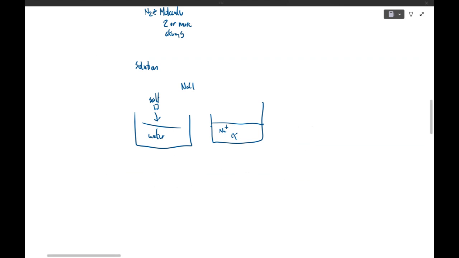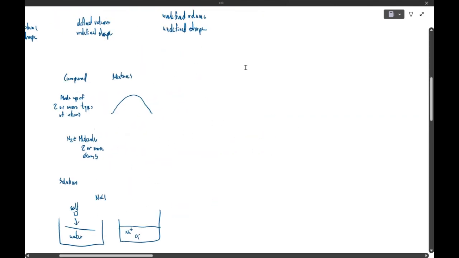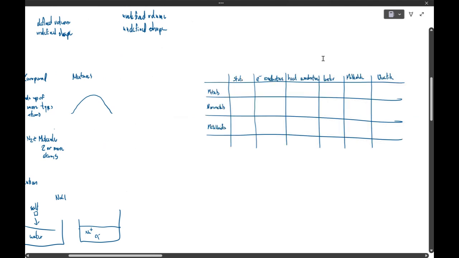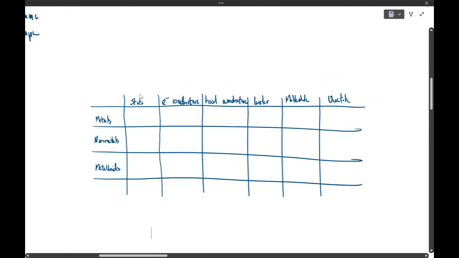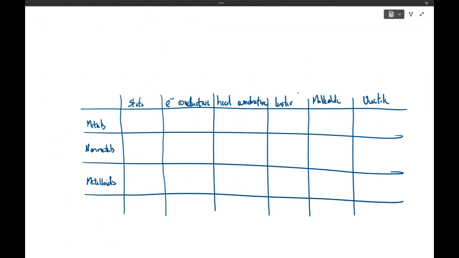And now we can talk about metals, nonmetals, and metalloids, which are the three classifications of elements. And there are distinct characteristics. So we have the state of matter that they tend to be at room temperature.